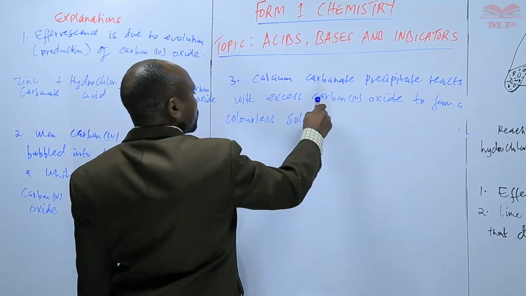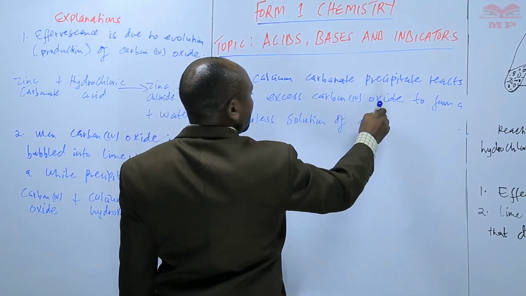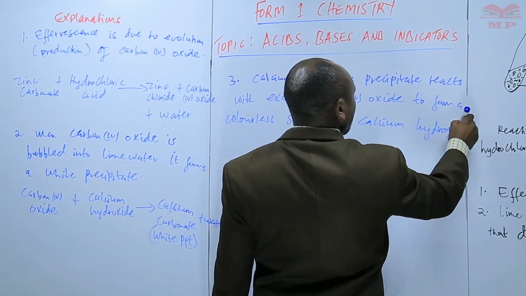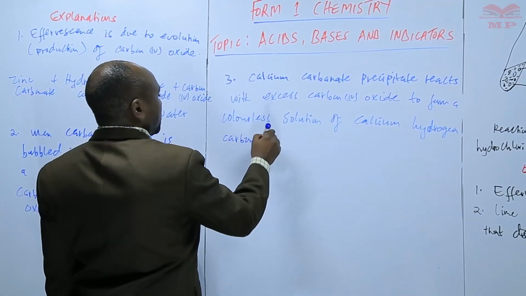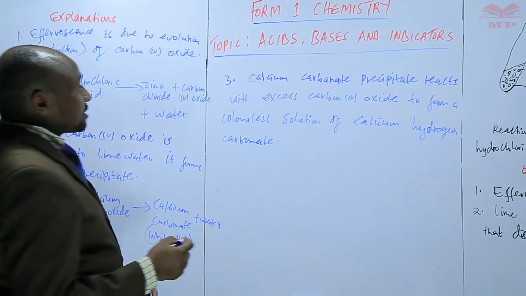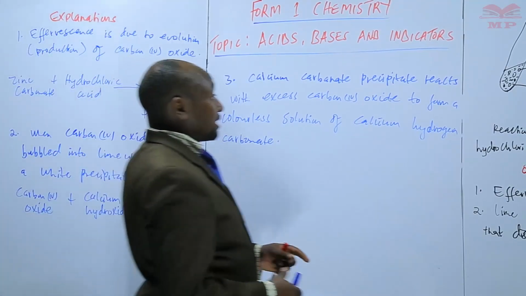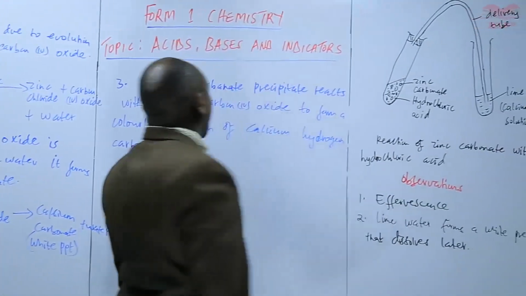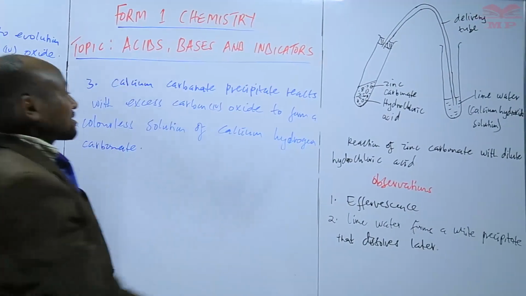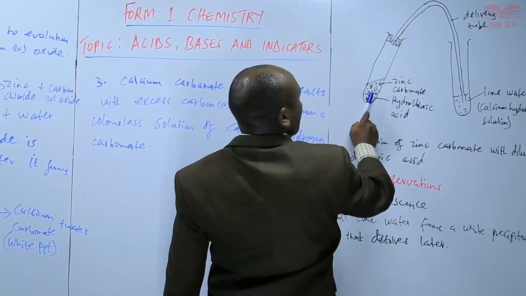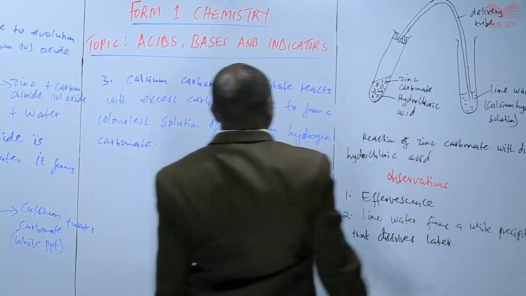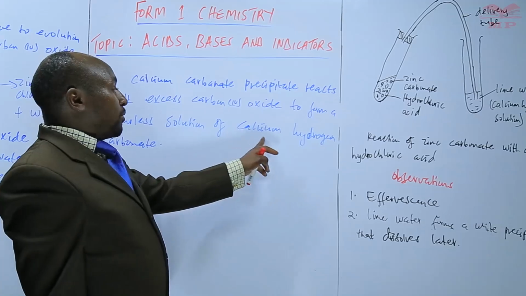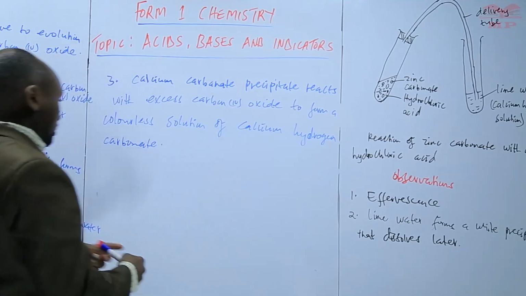To form a colorless solution of calcium hydrogen carbonate. So we are saying that calcium carbonate precipitate that has formed in this test tube reacts with excess carbon 4 oxide that is coming from here to form a colorless solution. It becomes colorless due to the formation of calcium hydrogen carbonate.